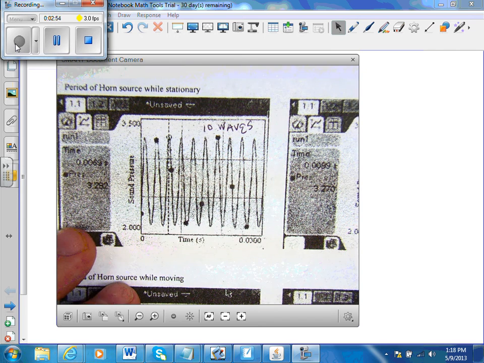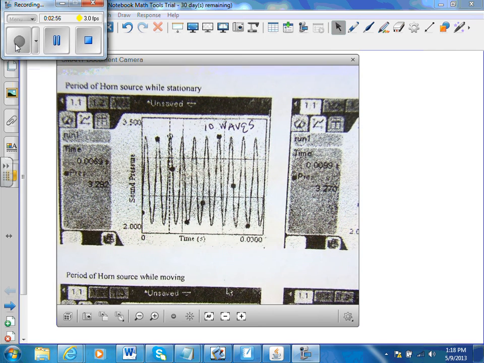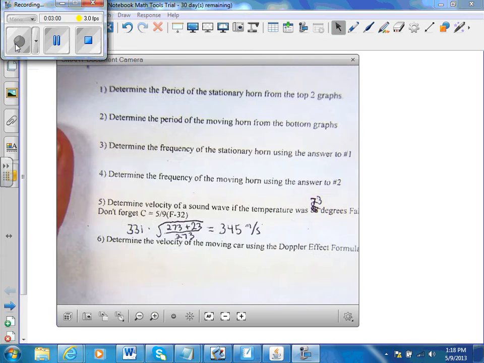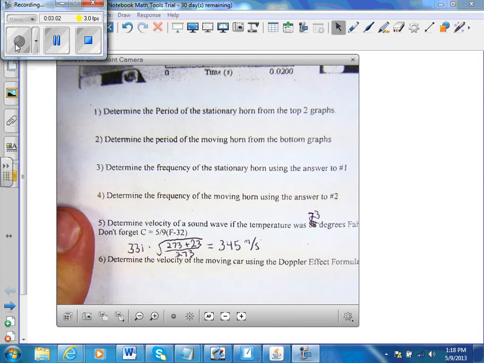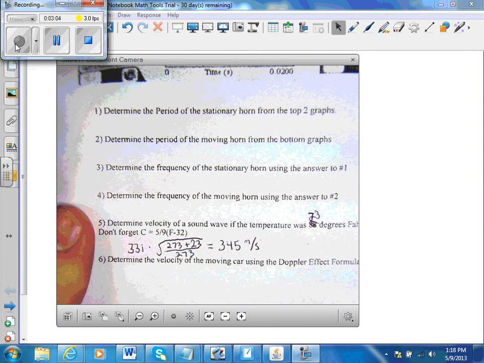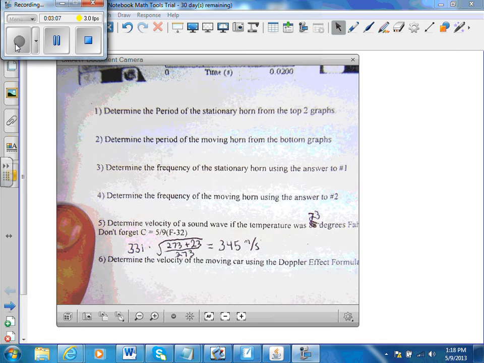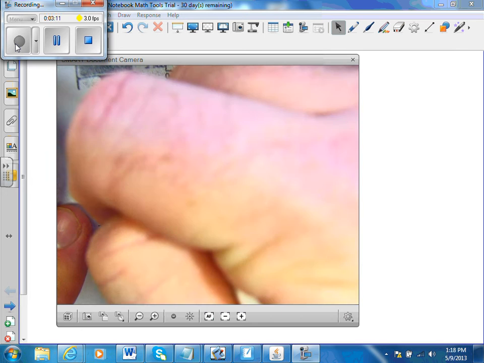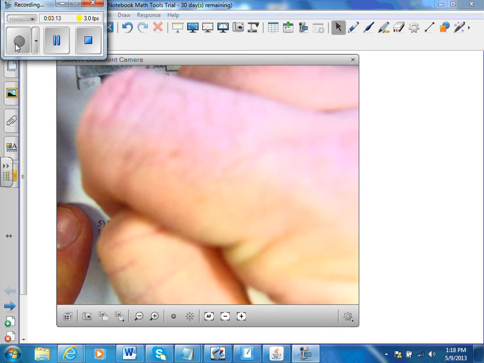Now that you have that, feel free to stop this at any time. I want to skip down to number 3. Number 3 says, what is the frequency of the stationary horn? You have to remember that frequency is the same thing as 1 over the period.